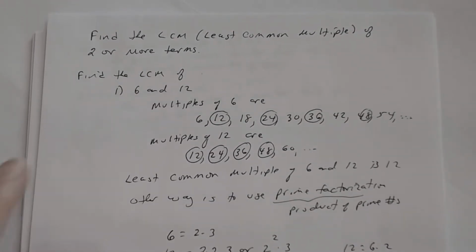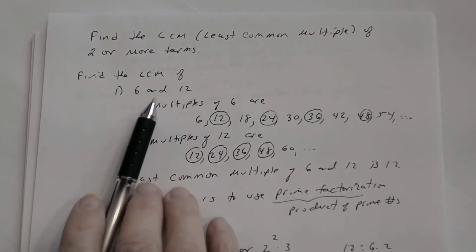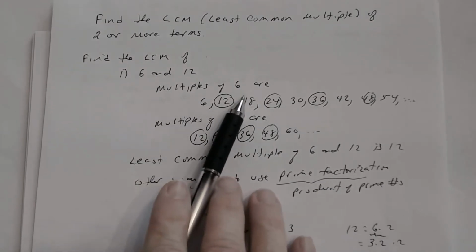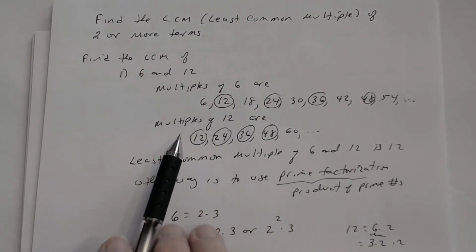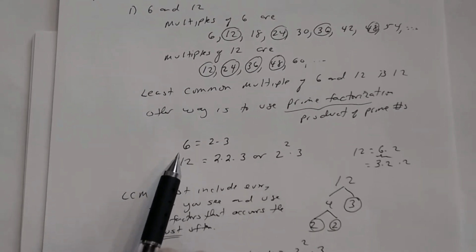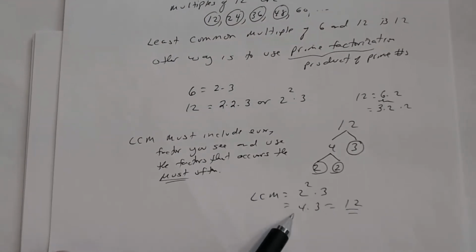So remember, in part 1, that's where we found the least common multiple of just numbers, just whole numbers. And so remember, we did it 2 ways. We talked about in terms of actually listing the multiples of those numbers and then finding the least. And we also talked about it in terms of using prime factorization.